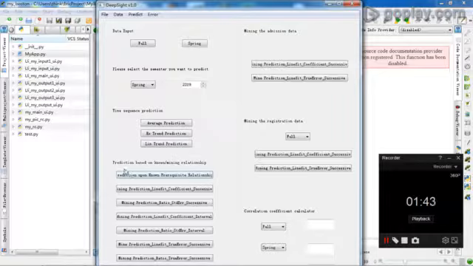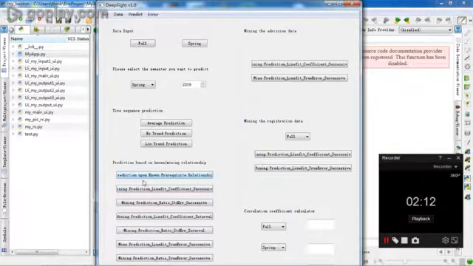And the fourth part is prediction based on known mining relationship. This part mainly predicts the enrollment data based on the prerequisite relationship. I mean, this part mainly predicts based on the correlation between different courses.